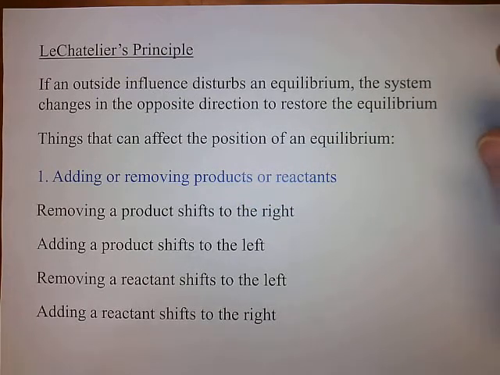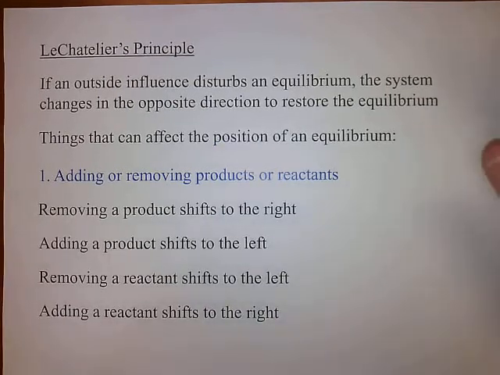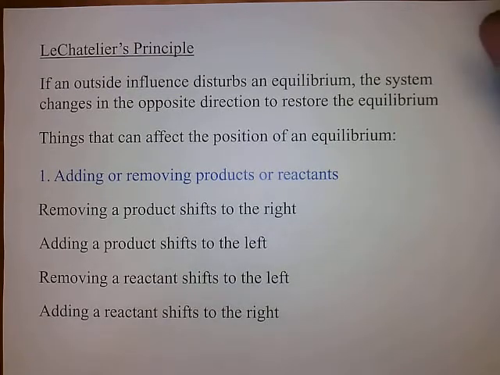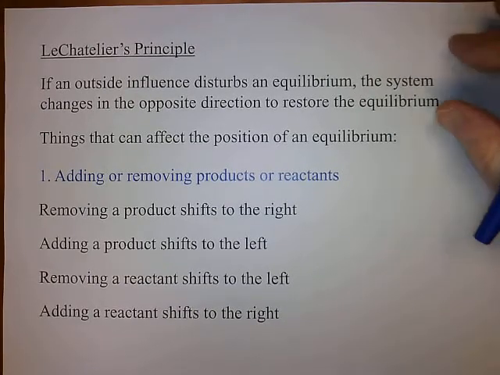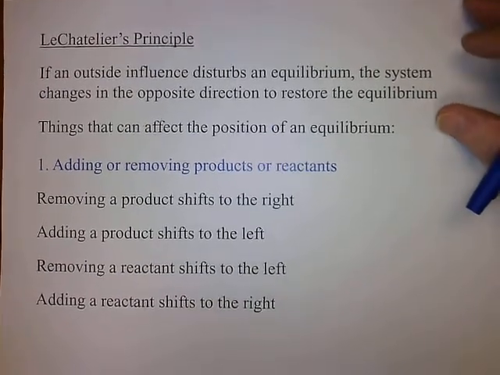So, in other words, if a system is at equilibrium and we upset that equilibrium in some way, in other words, we add a product, or we remove a product, or we add a reactant, or we remove a reactant, once we upset it, it's no longer at equilibrium, and it's going to readjust itself until it is at equilibrium. Remember, a reaction that's not at equilibrium will shift until it is. And that's basically Le Chatelier's principle.